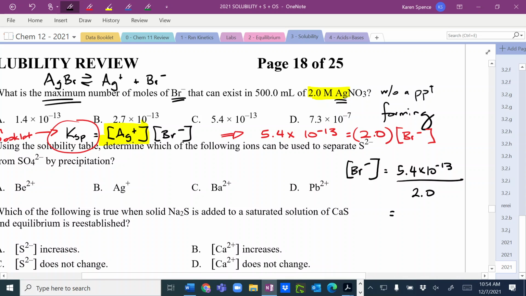And we get 2.7 times 10 to the negative 13. B.